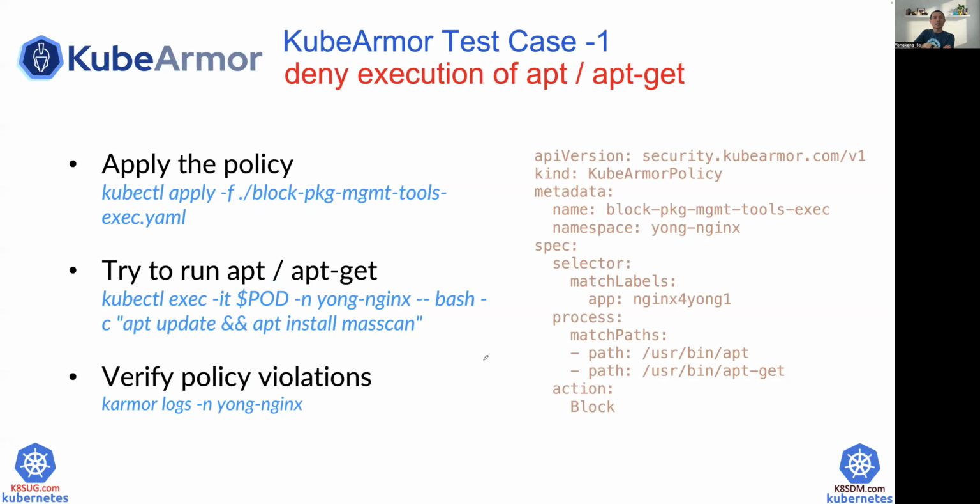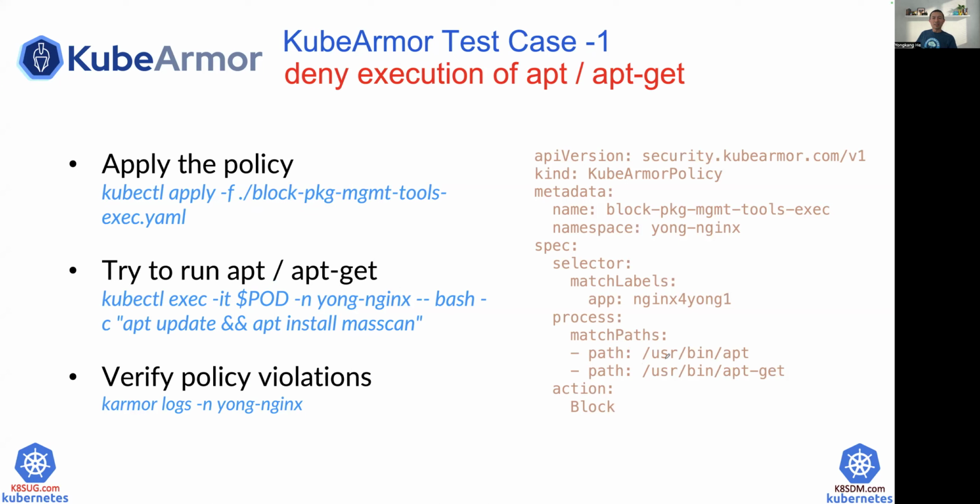The first test case I'm going to show you is running the Nginx web application. I don't want anyone to run package management tools, which is pretty risky. Potentially, a hacker might leverage the package management tool to install more hacking tools.